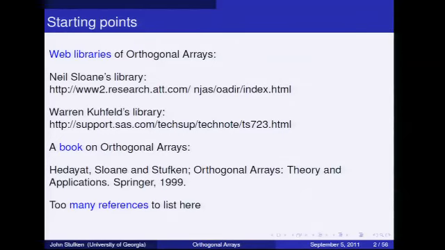Here are a few starting points if you are interested in orthogonal arrays, and some of you will be familiar with them. First of all, the library that Neil Sloane has on his website. It's an extensive library, not just on orthogonal arrays, but also on many other things. If you're interested in Hadamard matrices, if you're interested in integer sequences, all kinds of things you can find there.